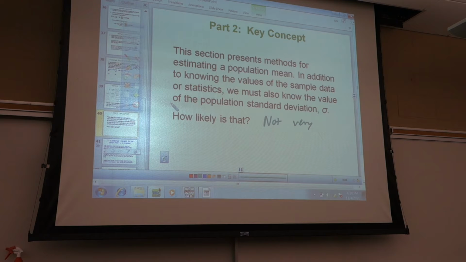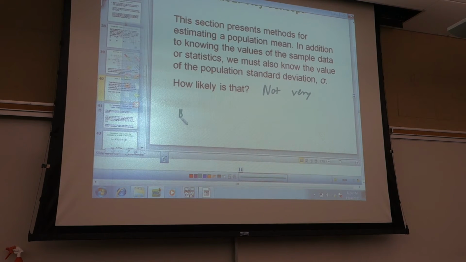That's my best guess for mu. I'll write it out: best guess for population mean mu is the sample mean.